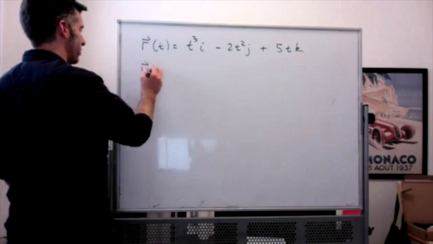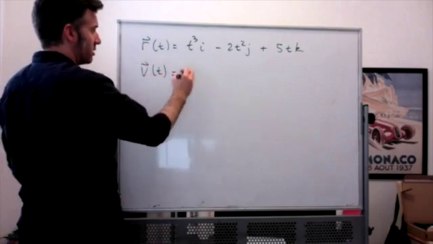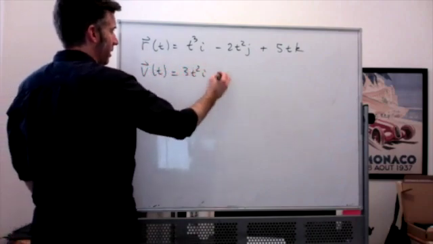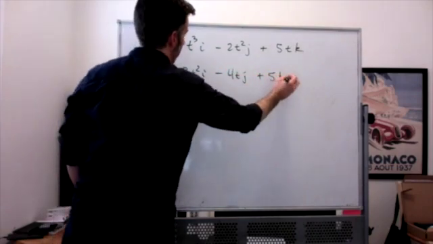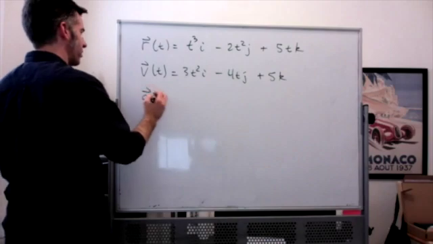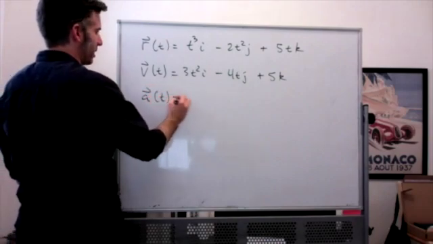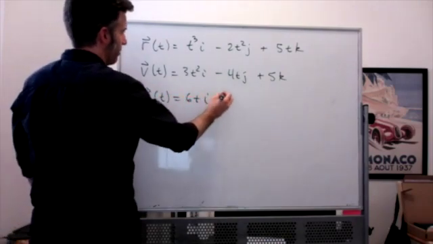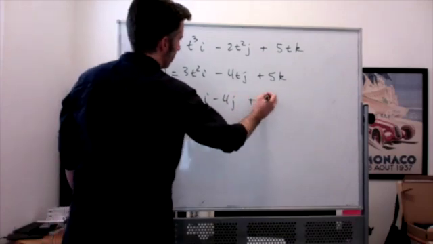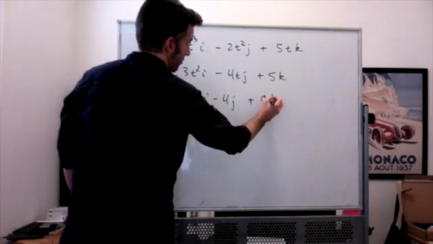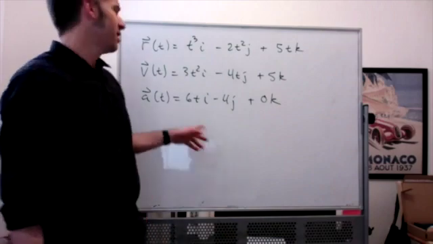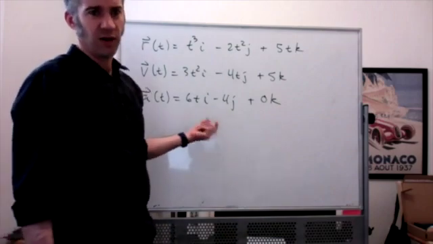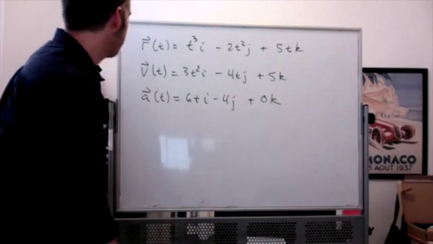The velocity vector is just 3t² i − 4t j + 5k. And the acceleration vector is also not exciting. It is 6t i − 4j + 0k, which I would maybe encourage you to write. Generally, I like to write the 0. Here, since you're going to write a vector, it's probably good to write the 0.